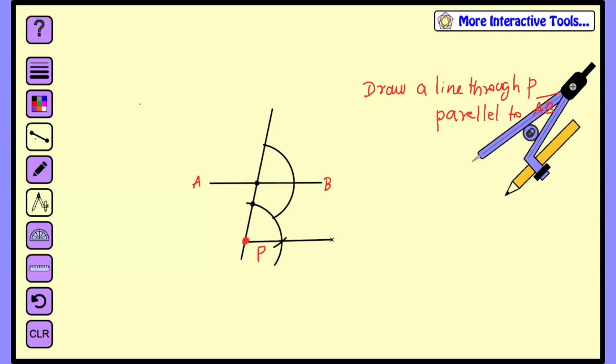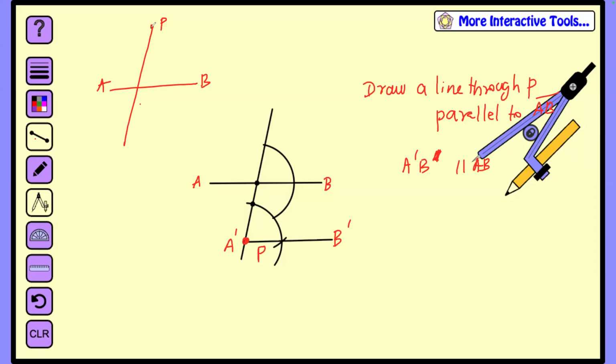Now you can say you have drawn A'B' parallel to AB. First, you have the line AB and the point P up, let's say. Now you draw a transversal.